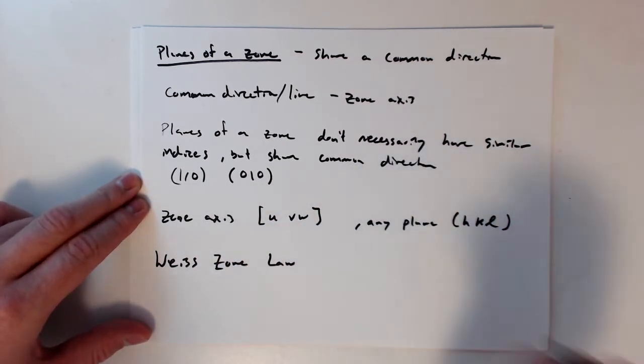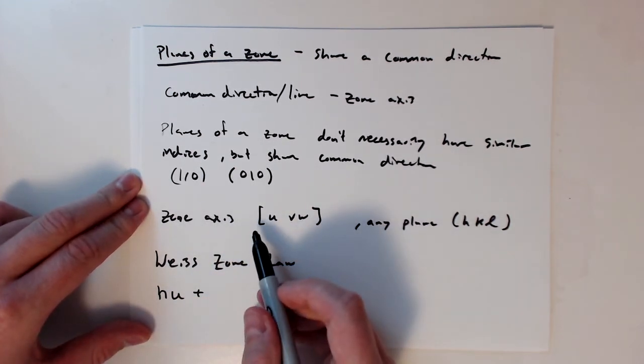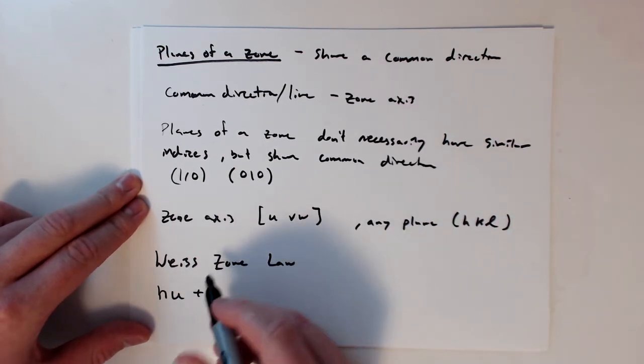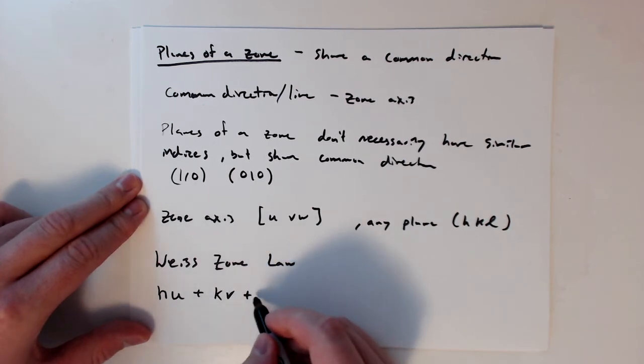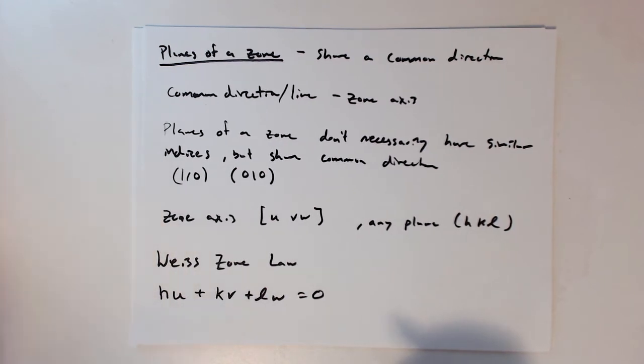And that is basically the dot product. So it has to satisfy the dot product between the axis and the plane, which is h times u plus k times v plus l times w equals 0.